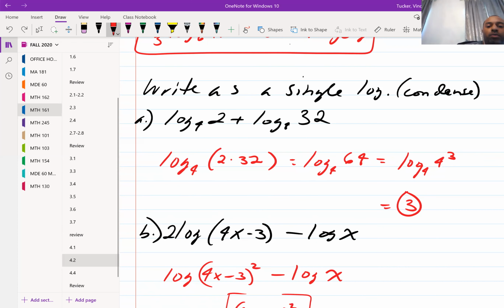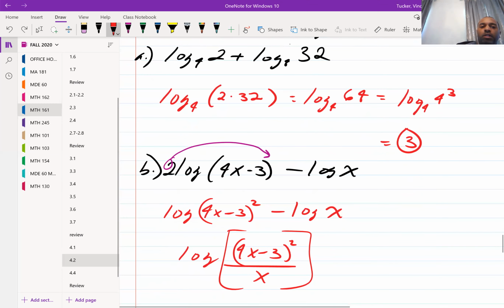So we have 2 log of 4x minus 3 minus log of x. First thing I would do is take my 2 back to being an exponent. So that would be log of 4x minus 3 squared minus log of x. And then the subtraction allows me to turn it into division.